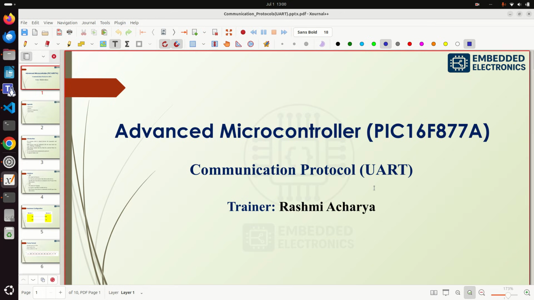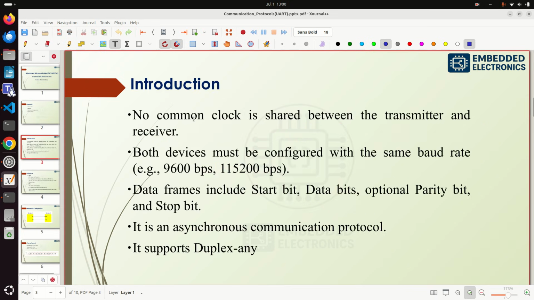This protocol was developed by the company Intel. So this is not synchronous, right? There is no common clock shared between the transmitter and receiver.